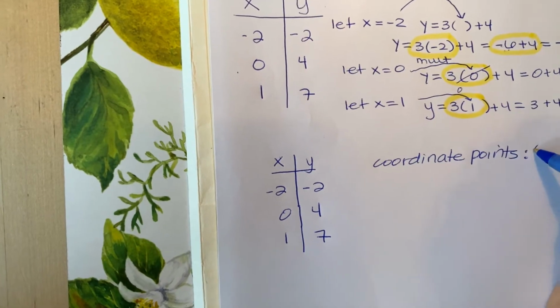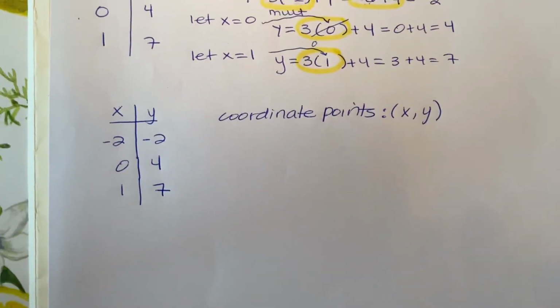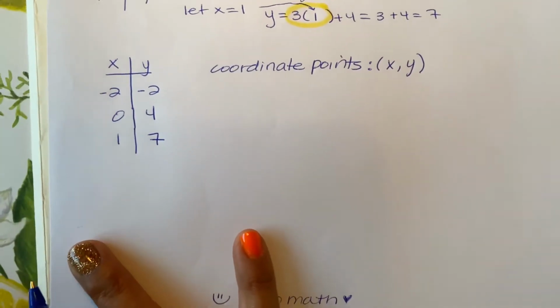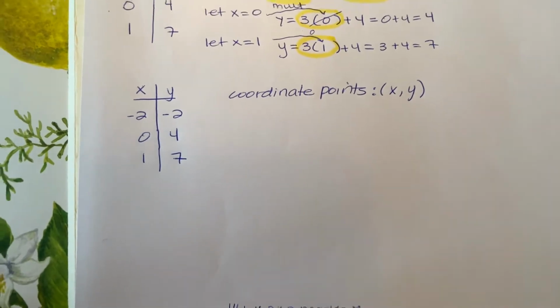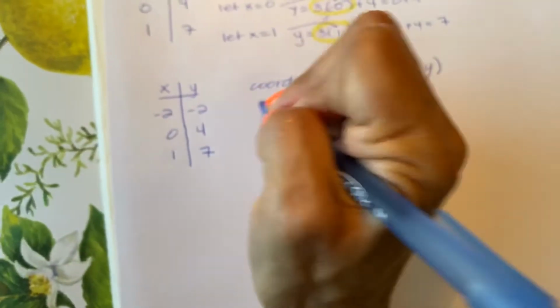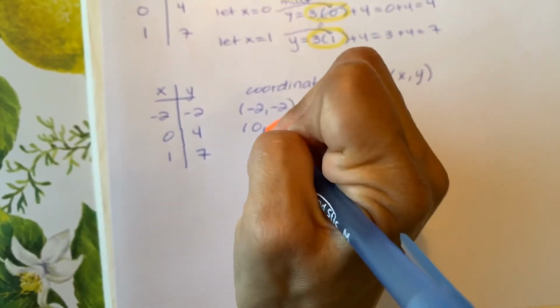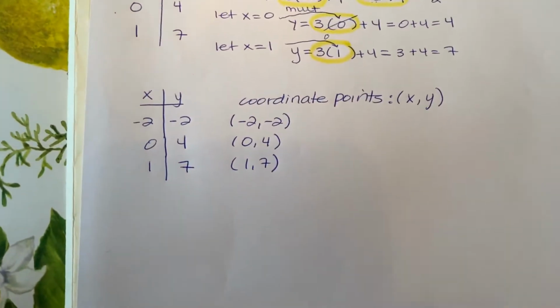Remember, a coordinate point is X, Y, right? X comes first, Y comes second. There's so much shadowing. Okay, so this is actually the point -2, -2. This point is 0, 4, and this point is 1, 7.